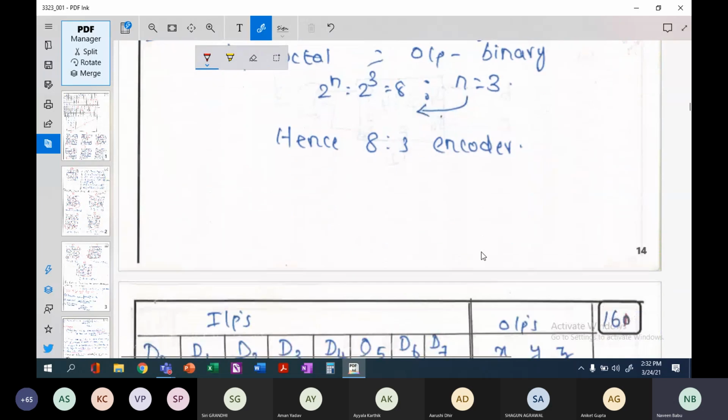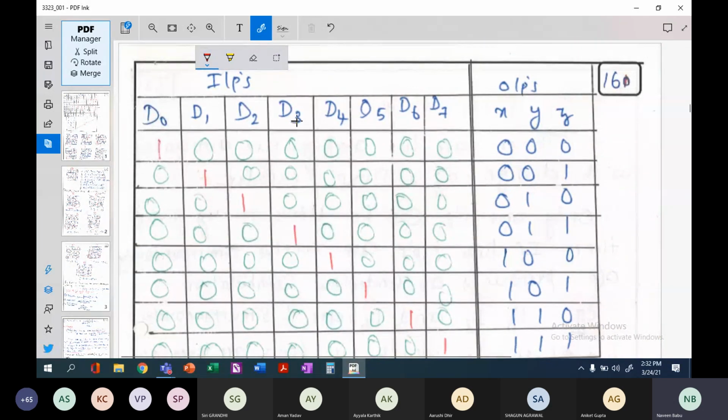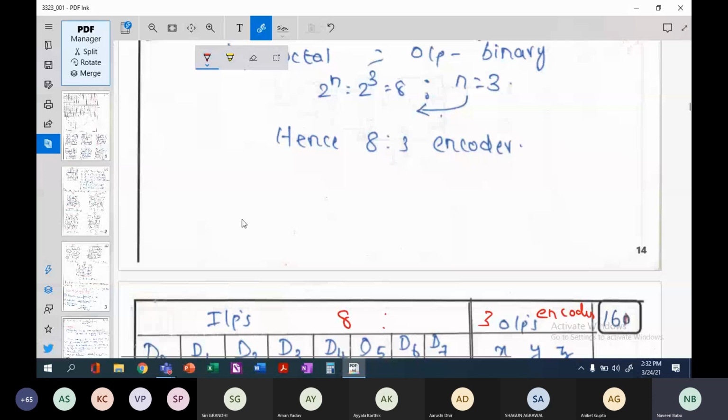Let's make a truth table for this. Please note here that this is an 8 cross 3 encoder. So what are the 8 inputs? Before that, let me draw a block diagram. How is this going to look like?